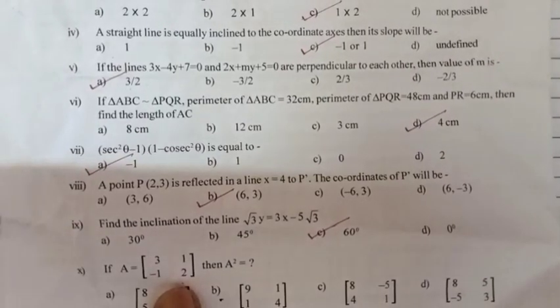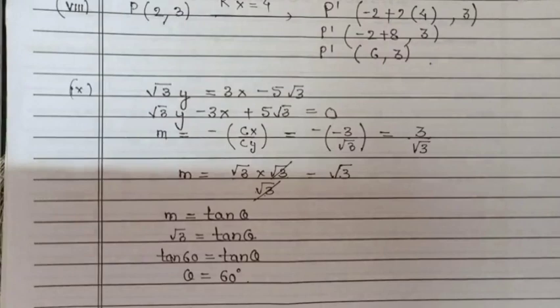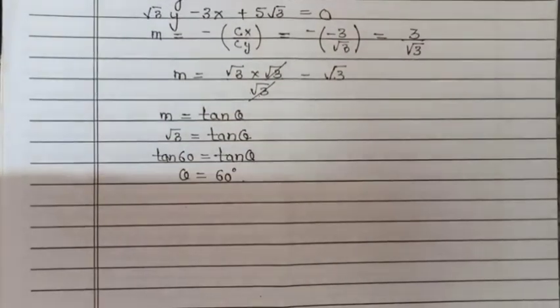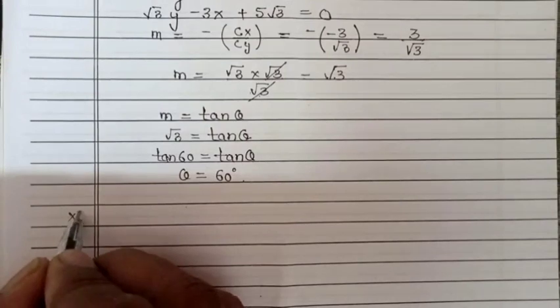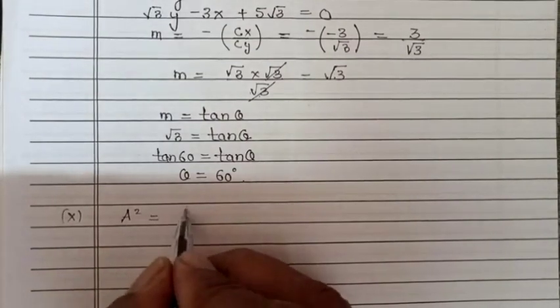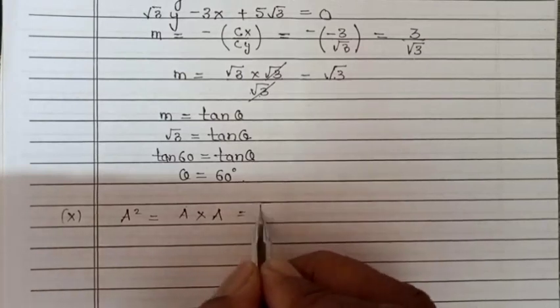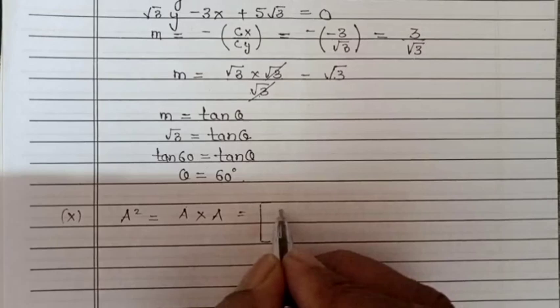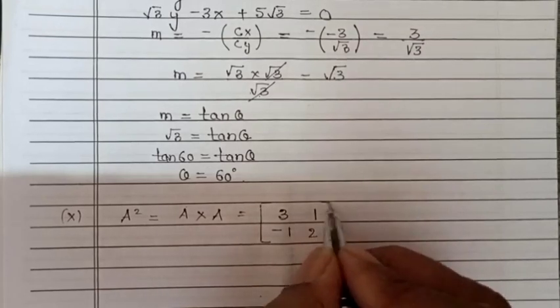Now this is the matrix given to you, and they've asked you to find A square. They are giving you matrix A and they are asking you to find A square. Now to get A square means you will multiply matrix A by A. So see, matrix A is 3, 1, minus 1, 2.